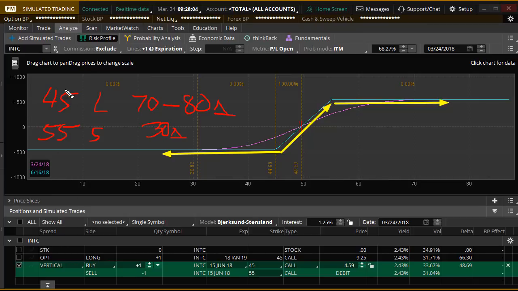So if you know that you have a right to buy the stock at $45 and given someone the right to buy it from you at $55, what's your maximum profit in this trade? Yeah, we got 10 points, but we had a cost to get into the trade, right?